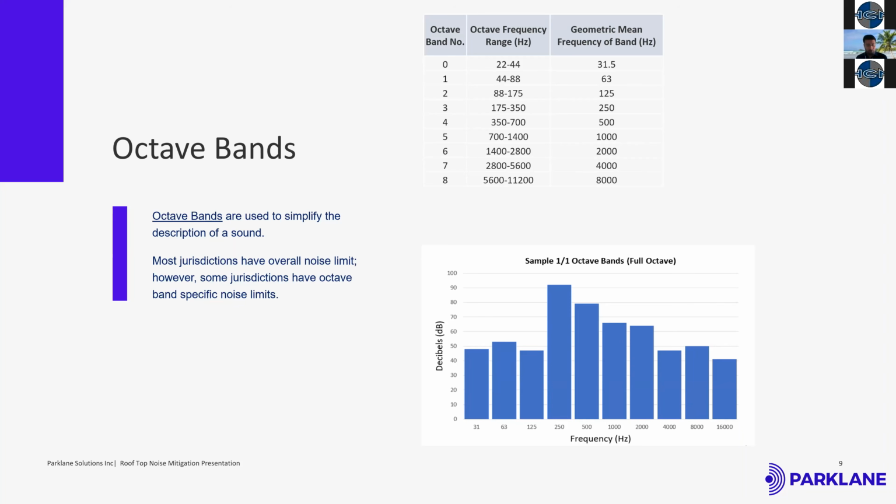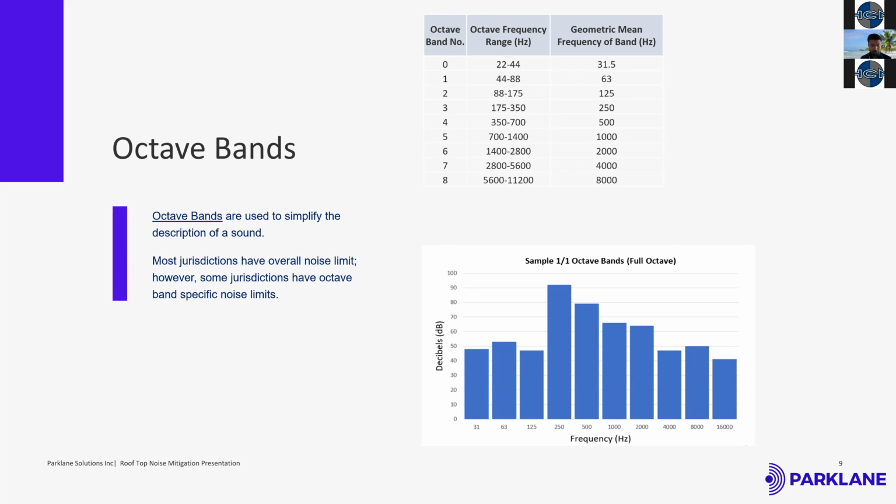Why is it so important that we have it in octave bands? In most jurisdictions, it is common that the noise limit is set to a certain overall noise level. So why are we providing so much importance to the octave bands? It's because mitigation of this noise depends on which frequency the noise is really dominant.